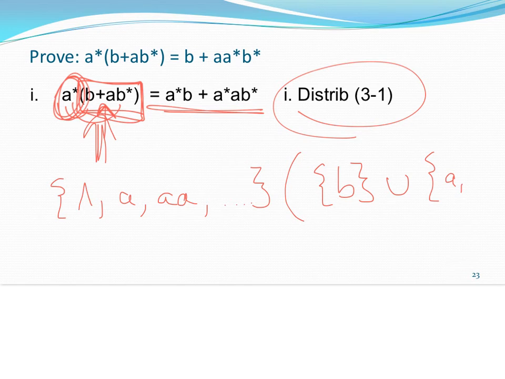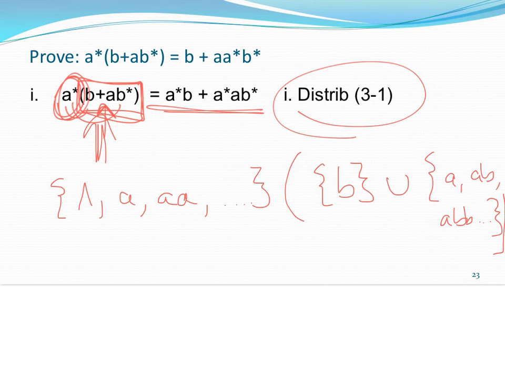So that's A, comma, AB, comma, ABB, and so on. And so that's what this expression on the left represents, right? Please go back and watch the previous video again if this isn't really, really obvious to you, okay?